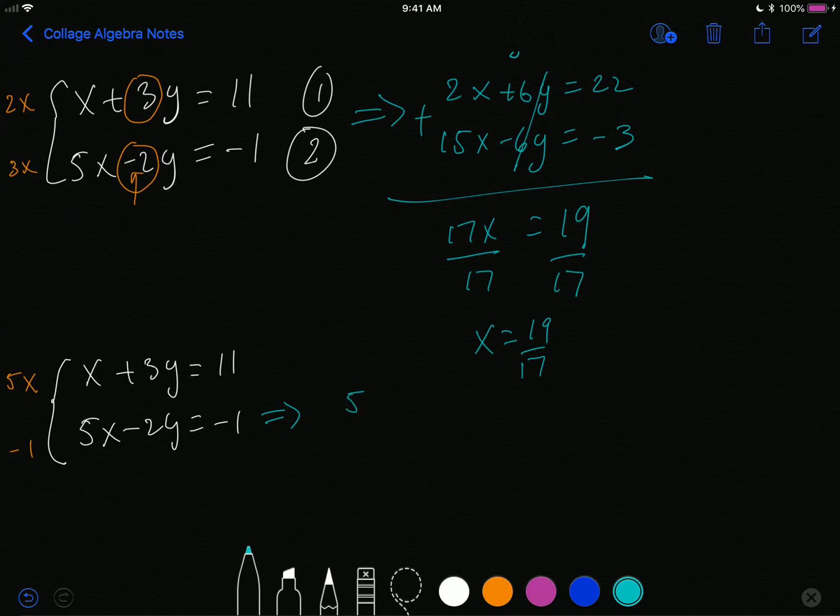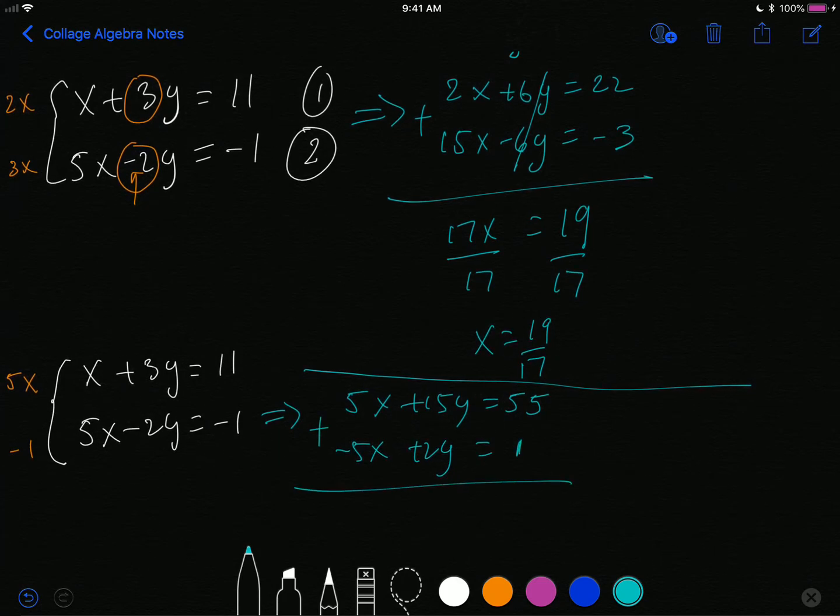And that will give us, multiplying by 5, 5x plus 15y equals 55. And then negative 5x plus 2y equals 1. And add. This time the x's eliminate, and so I get 17y equals 56. And then I divide by 17.